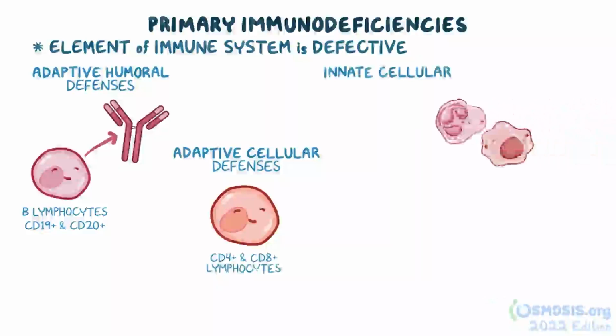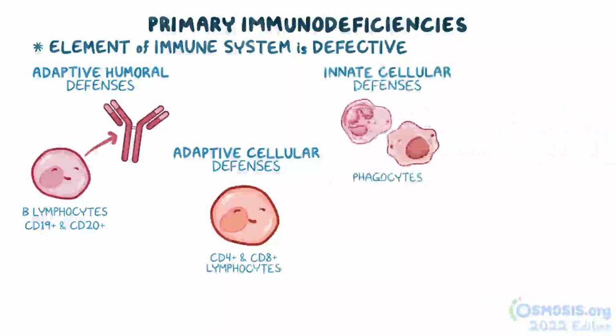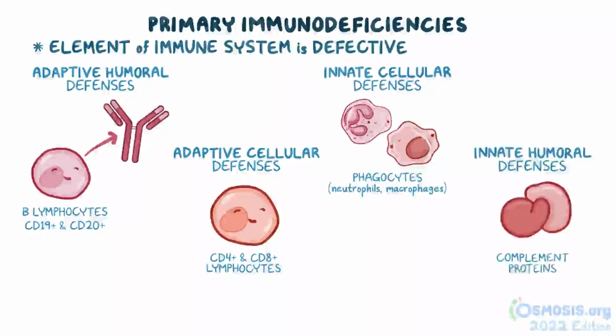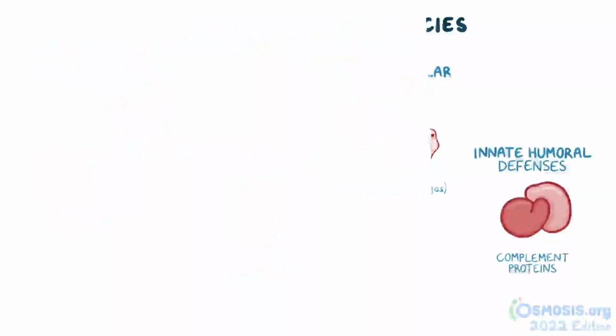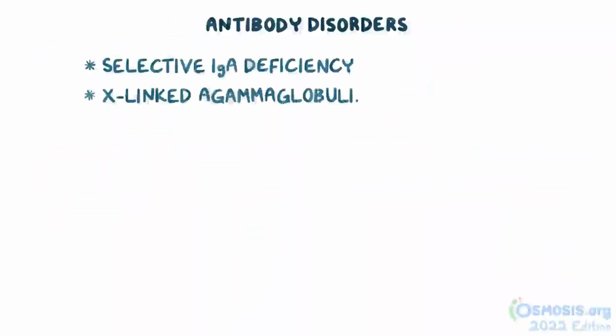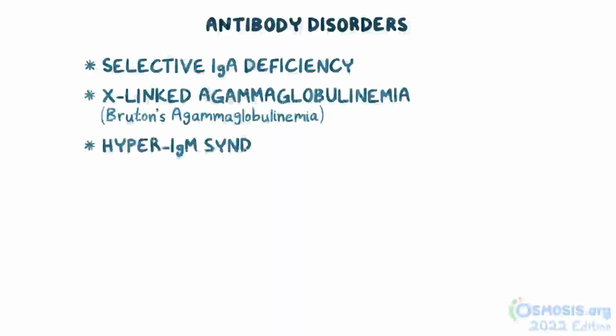The innate cellular defenses are phagocytes, including neutrophils and macrophages, while the innate humoral defenses are complement proteins. Antibody disorders are the most common type of primary immunodeficiencies. The main ones are selective IgA deficiency, X-linked agammaglobulinemia or Bruton's agammaglobulinemia, and hyper-IgM syndrome.